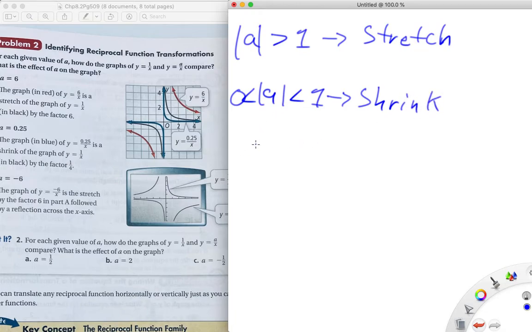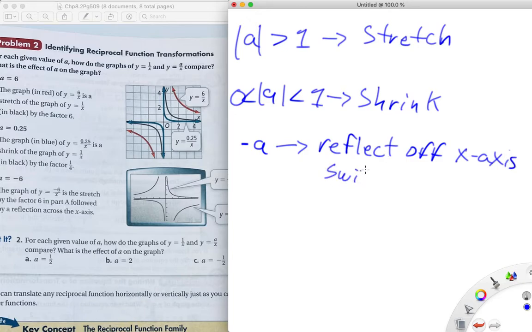And if a is negative, then it's going to reflect off the x-axis. Or you can say switch.